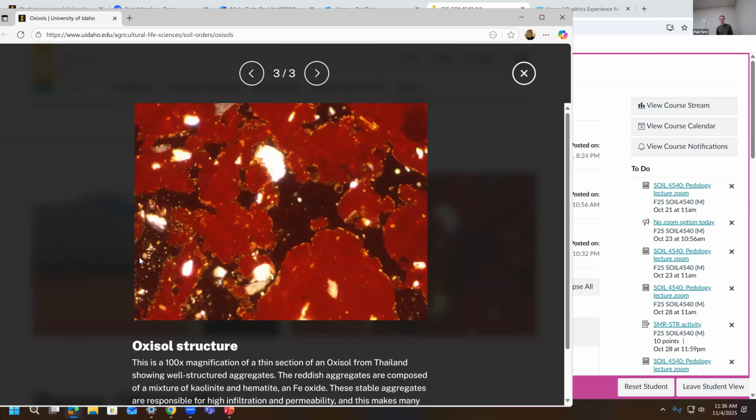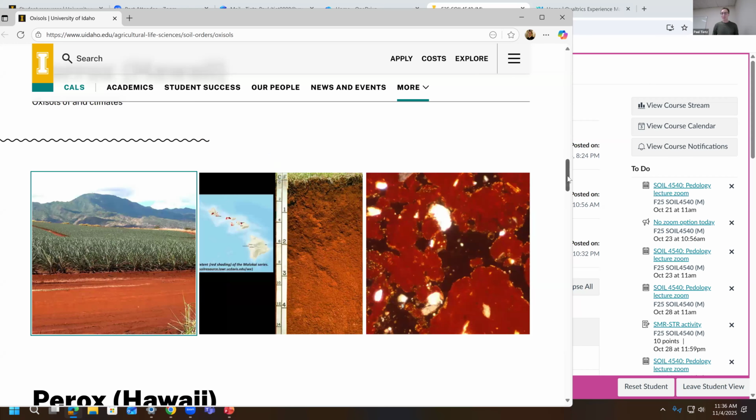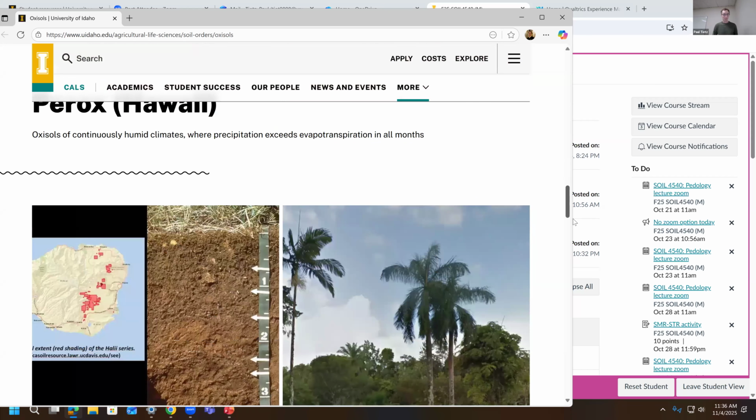My dream would be one day to make this into a class and to learn about what these minerals are and what they look like and what they mean for soil management and research, and what you can learn about a soil profile, as well as going out and collecting thin sections like this, bringing them in and identifying the minerals in them. I think that would be fun. So that's on my list of one day maybe making a class for soil micromorphology, but not yet.